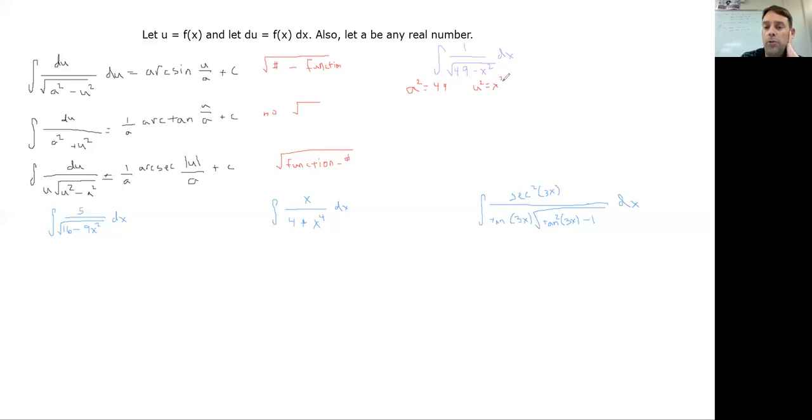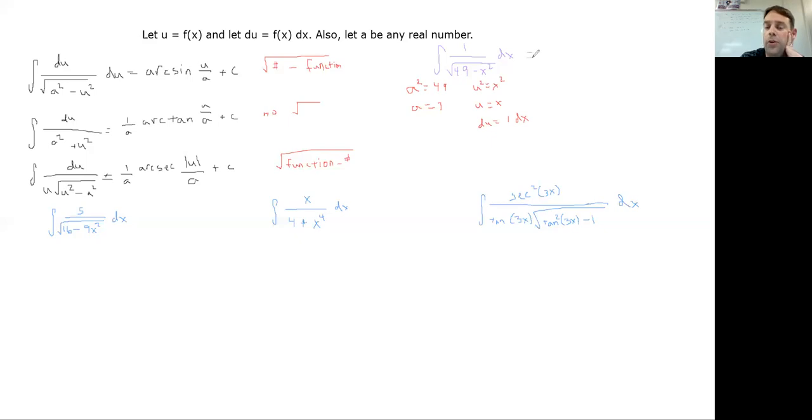And we just want to go through and figure out, do we have all the pieces? So if a squared is 49, that means a is 7. If u squared equals x squared, then u is x, and du is 1 dx, which, again, we have that. So we have all of our pieces here.